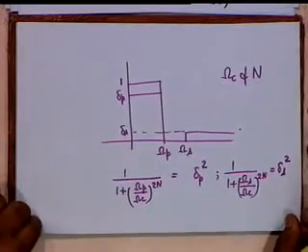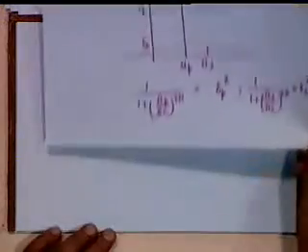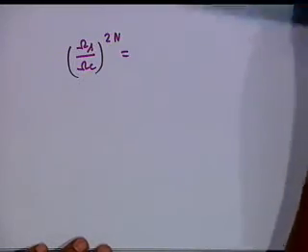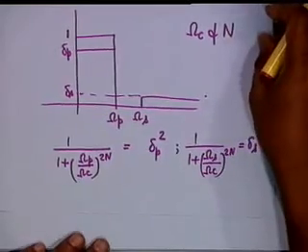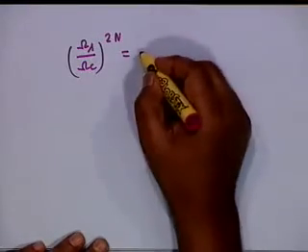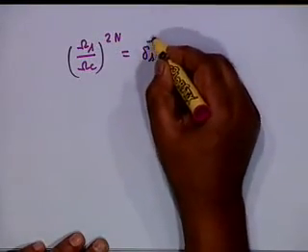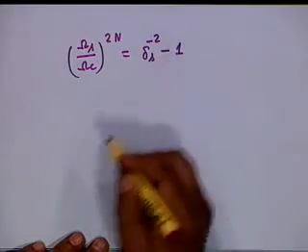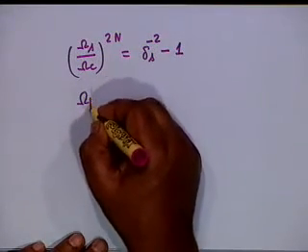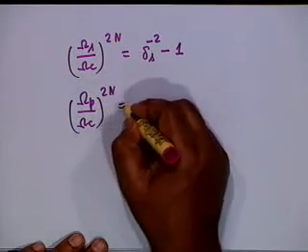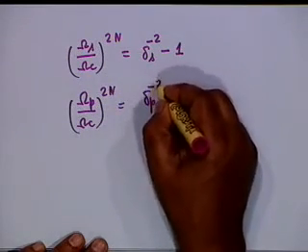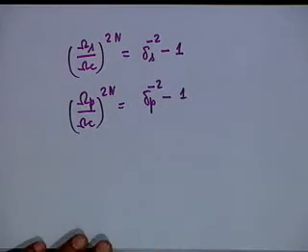All right, clear? If I take the reciprocal of this, and subtract 1 from it, then I shall get delta s to the minus 2 minus 1. In a similar manner, omega p by omega c to the power 2n shall be delta p to the minus 2 minus 1.